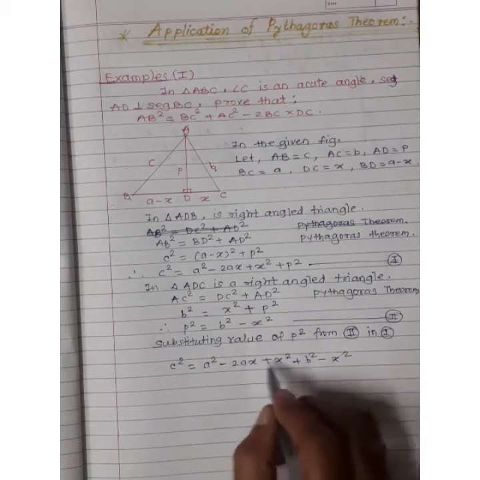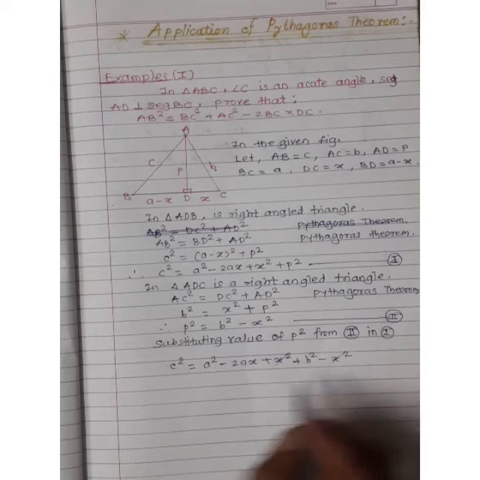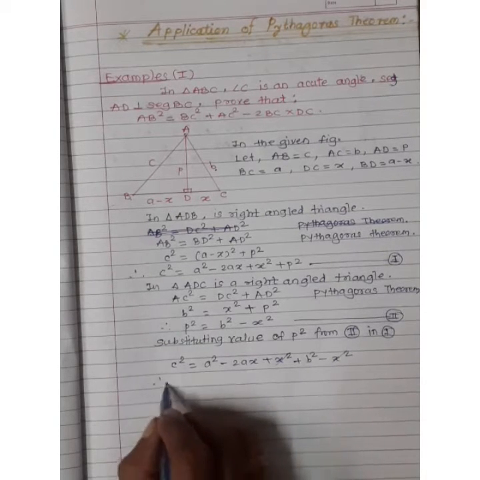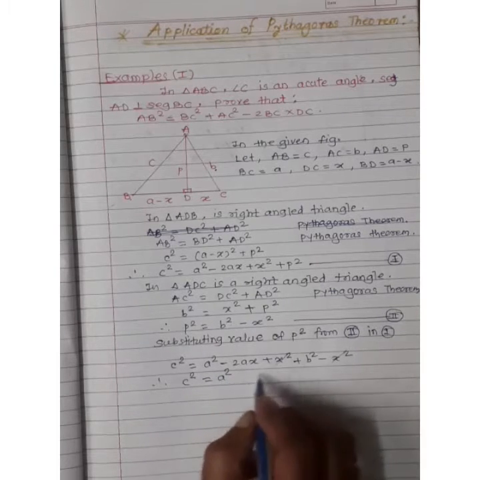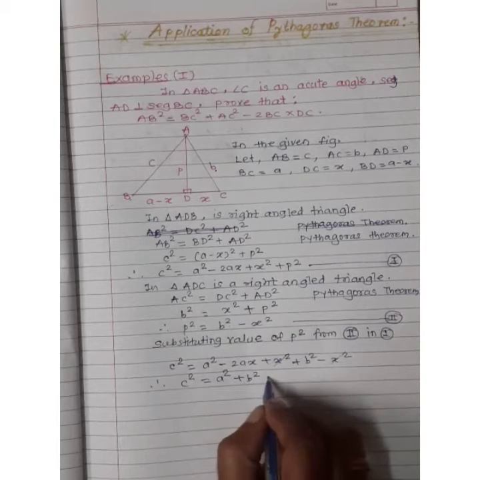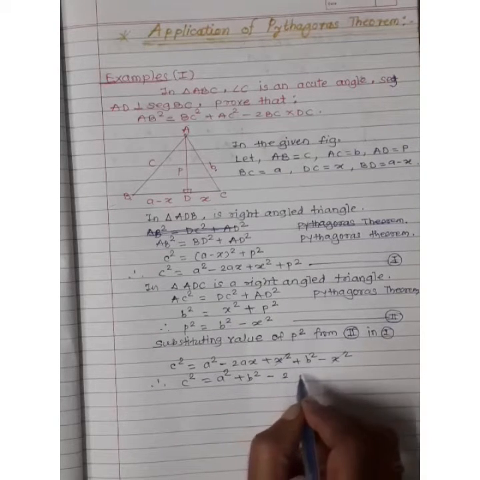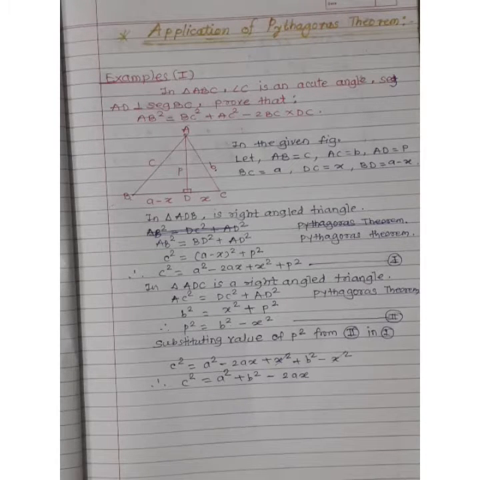Minus x square and plus x square cancel. Therefore, c square is equal to a square plus b square minus 2ax minus ax.